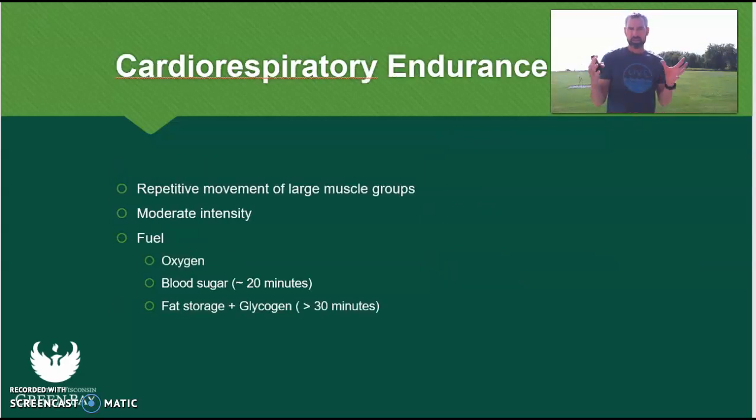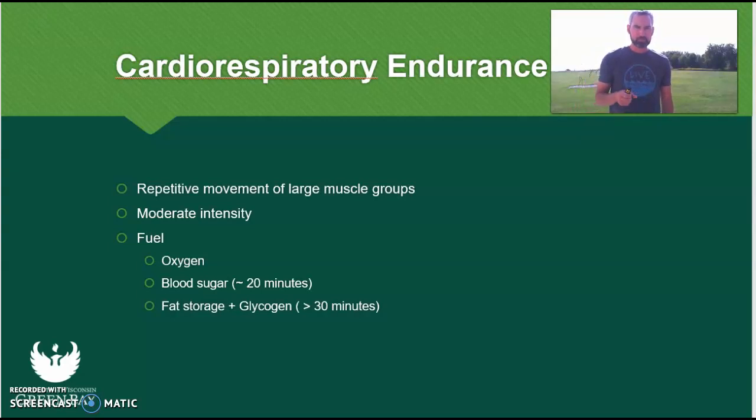So we think about cardiorespiratory endurance in particular. This really involves the larger muscle groups with planned repetitive types of movement. Usually cardiorespiratory endurance is aerobic in nature, so it's going to be more of that moderate to upper moderate, so we're getting plenty of oxygen to fuel our moving muscles.